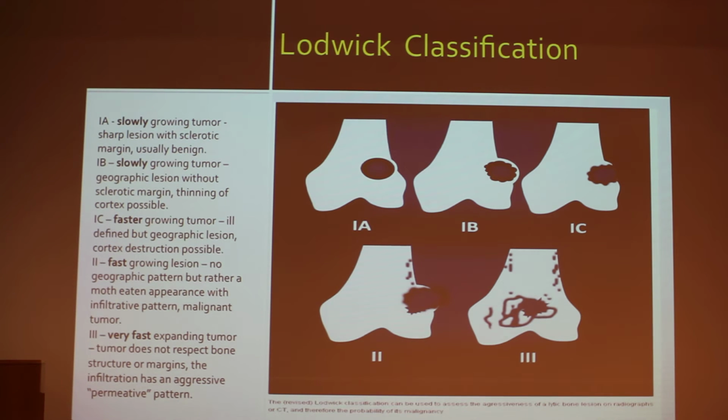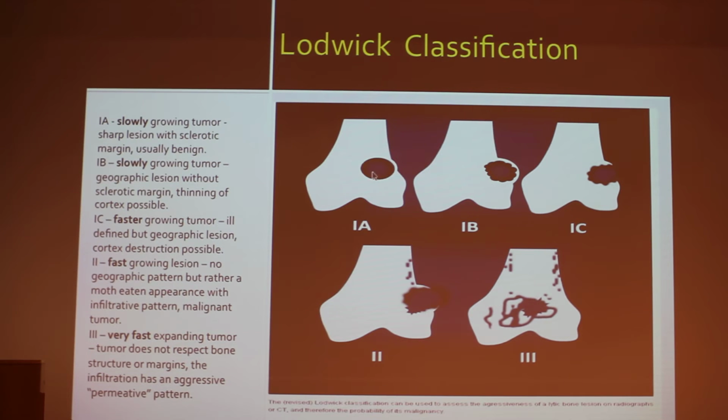Just a few words about the Lodwick classification. It's really helpful when you describe a lytic lesion, and it's related to the aggressive potential of the lesion because of the growing speed. So it's really helpful whenever you want to describe.